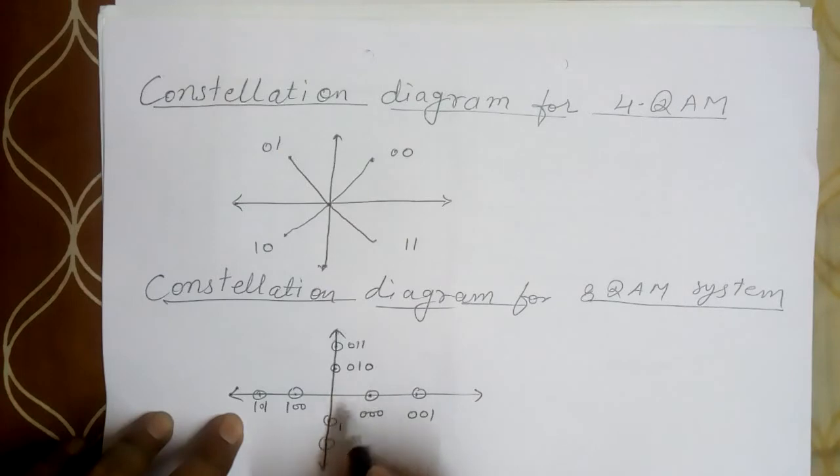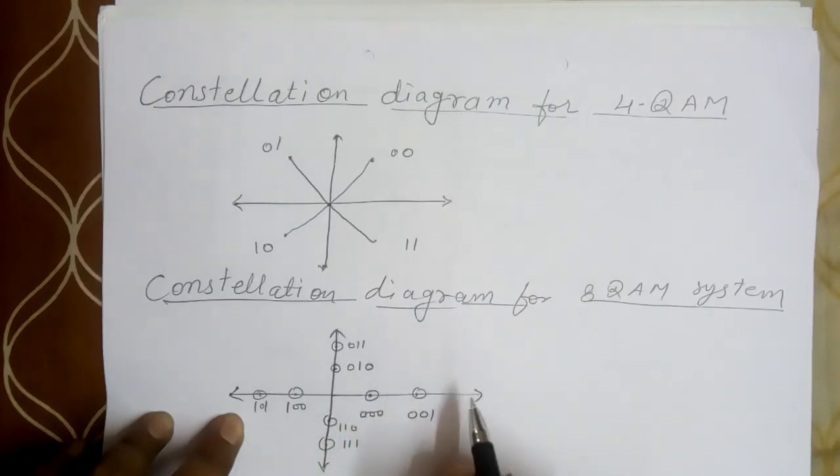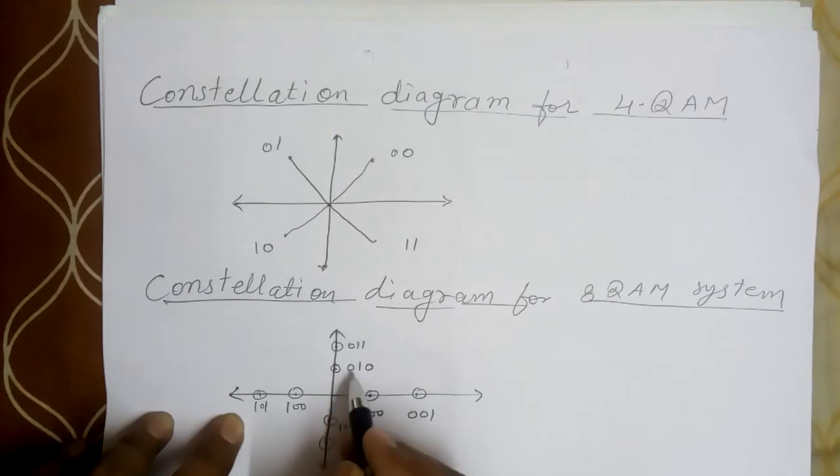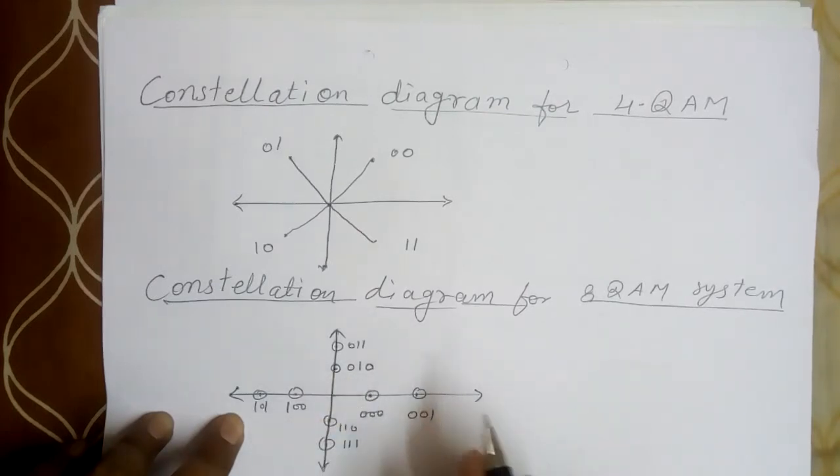So one thing we can observe here, that the distance of 001 and the distance of 010 from the origin is same, but they are in different phase.